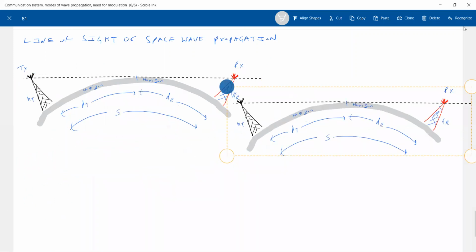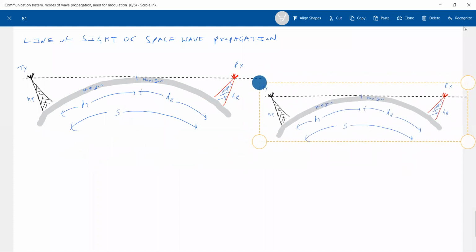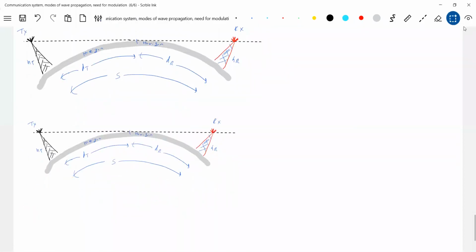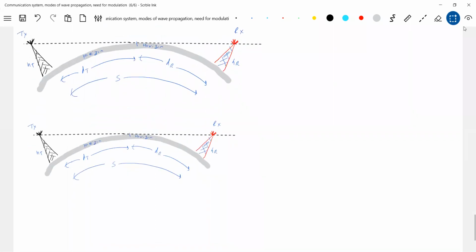Okay, if you look at the next set, yeah, we'll go for here. Okay, let me bring another antenna. There is a transmitting antenna 1, TX1, and this is TX2.